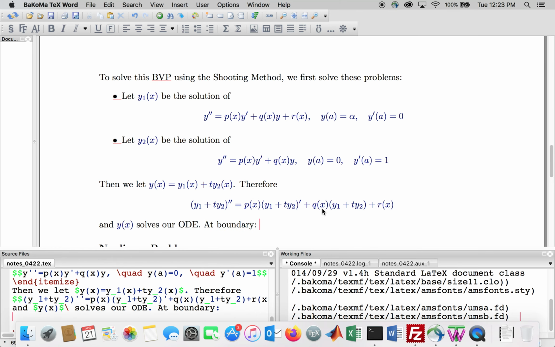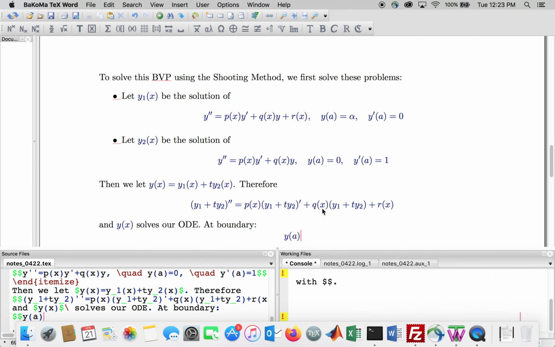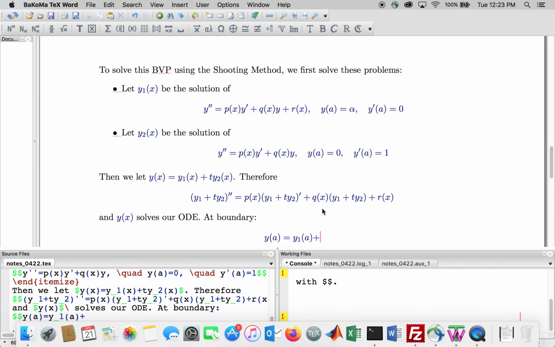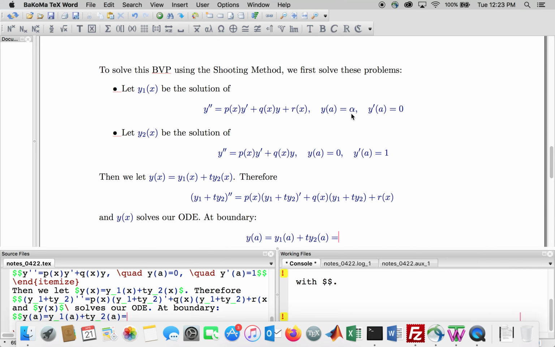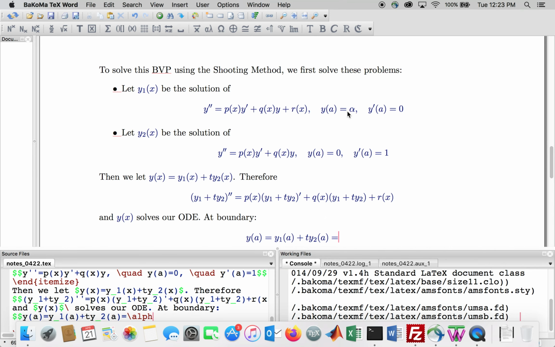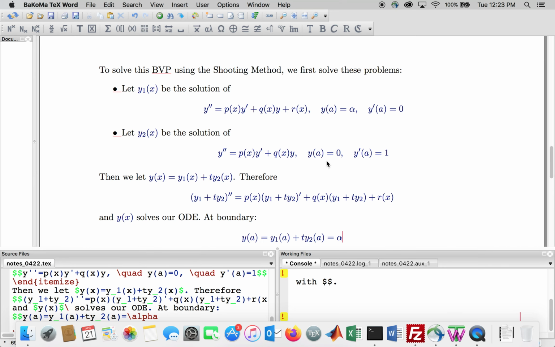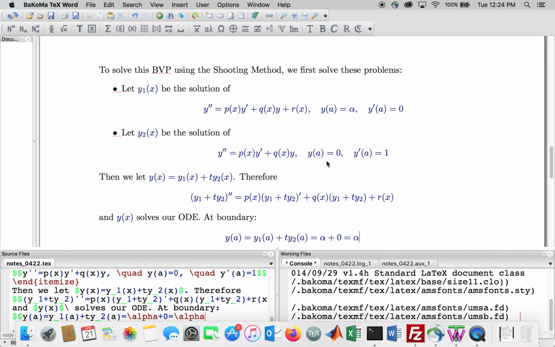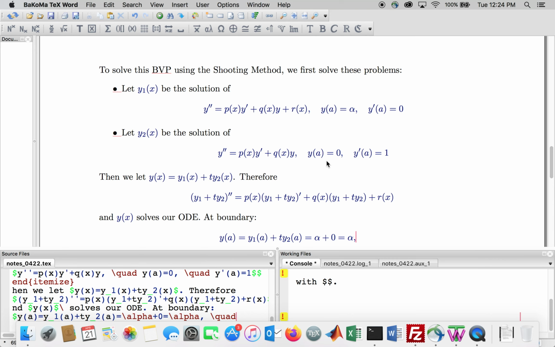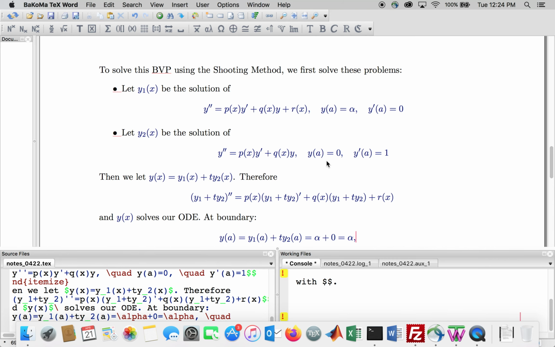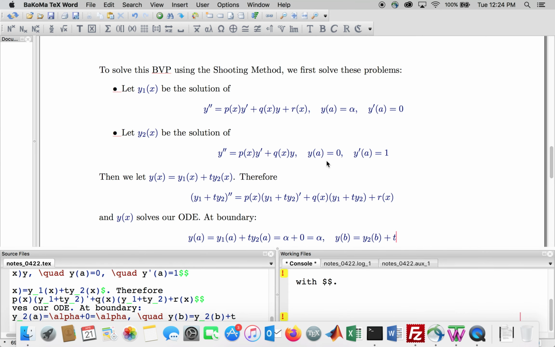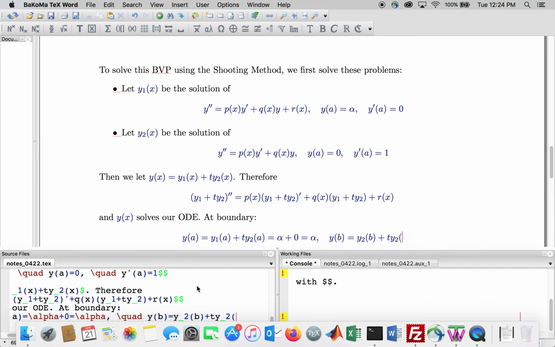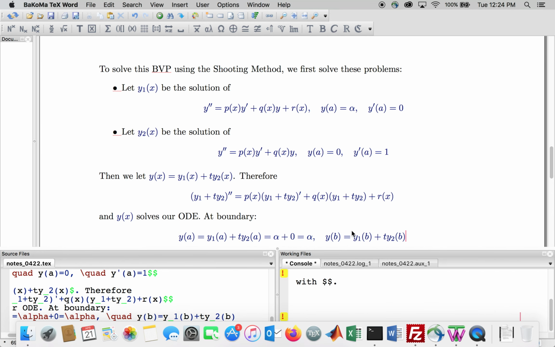At the boundary, we have y of a, which is equal to y1 of a plus t y2 of a. Well, y1 of a is equal to alpha from the first problem, and then y2 of a is equal to 0. So it automatically satisfies the first boundary condition. And then y of b is equal to y1 of b plus t y2 of b.